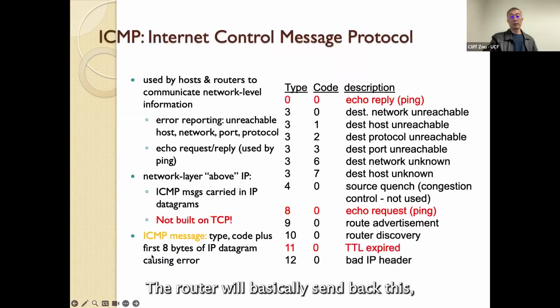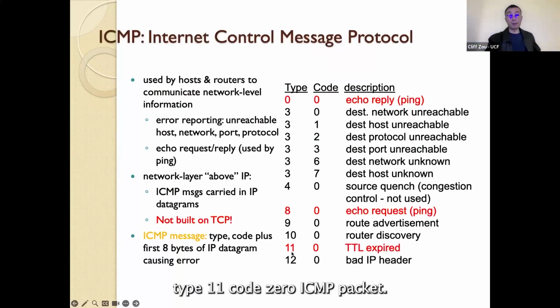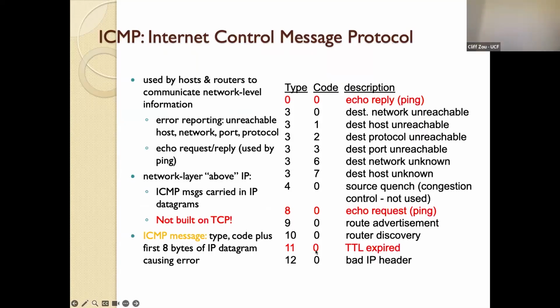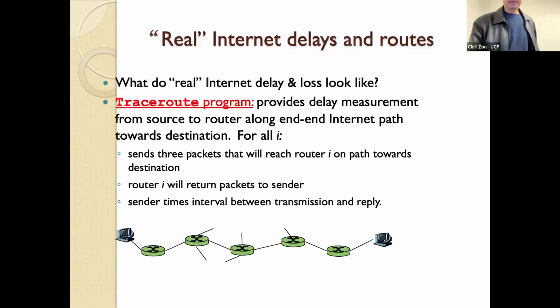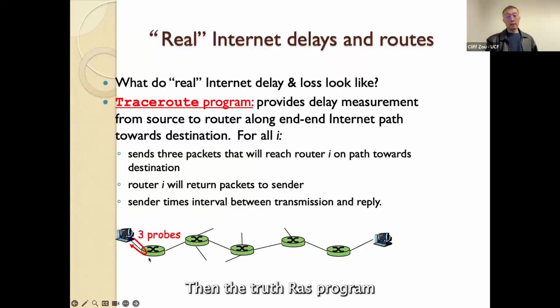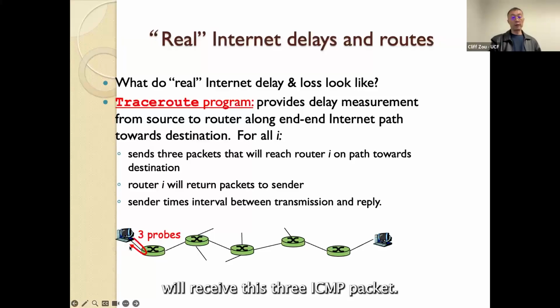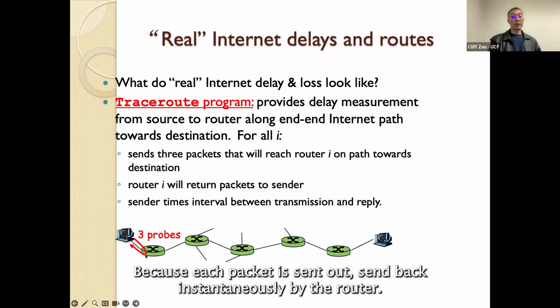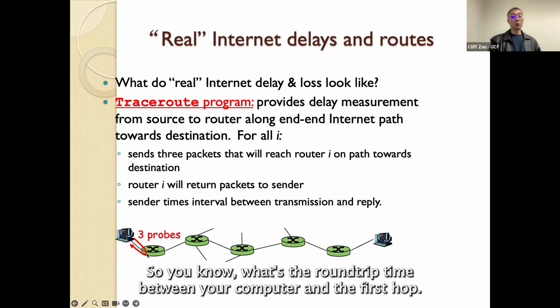The router will basically send back a type 11 code 0 ICMP packet. Then the traceroute program will receive these 3 ICMP packets. Because each packet is sent back instantaneously by the router, you know the round trip time between your computer and the first hop.